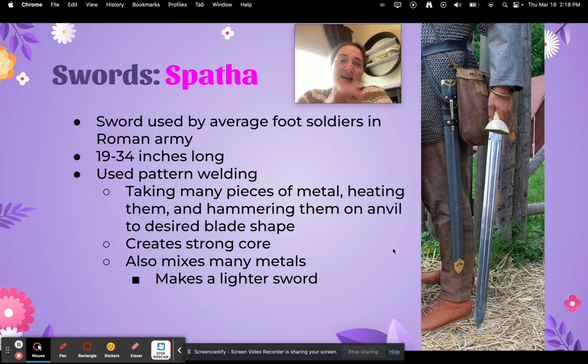The innovative thing about it is that it used pattern welding, where you take many pieces of metal, heat them up really hot, and then hammer them on an anvil to create the desired blade shape. It also creates a really strong core because it is a mix of many metals. Because it's a mix, you can use lighter metals, which makes the swords a lot lighter while still maintaining their strength.